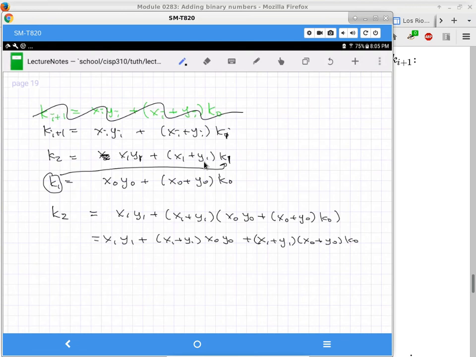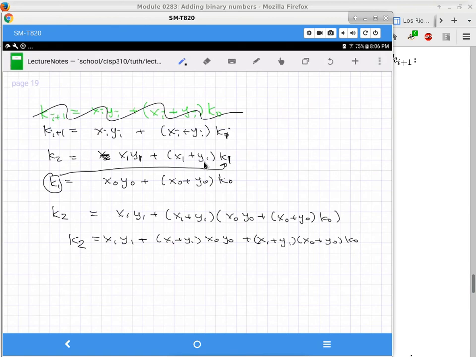What do you think is significant about this particular step? What is the significance of being able to express K2 using that big mess of a Boolean expression? Yeah, it's only based on K0 and not proceeding. Oh, that's right. It's not using K1, is it? Would it work with K3? K4? Because if I can express K2 using only x, y, and K0, I can do the same thing to K3.